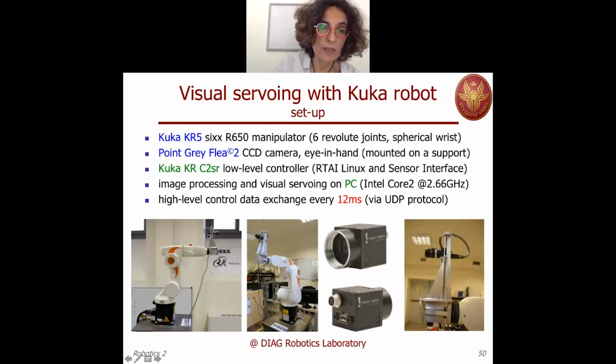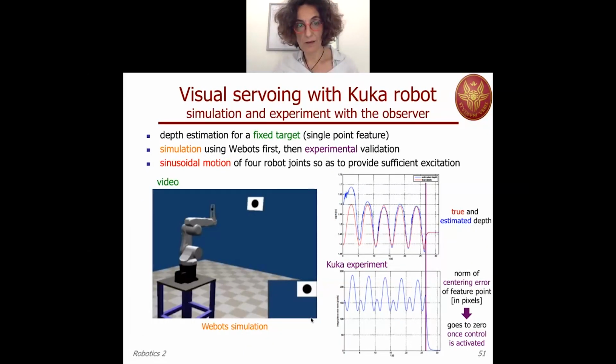A Point Grey CCD camera has been mounted on the end effector of the robot, so it is an eye-in-hand configuration. The image processing is performed on a PC, and the control data are exchanged at 12 milliseconds. So these are details of the implementation of this visual servoing at quite a high rate.